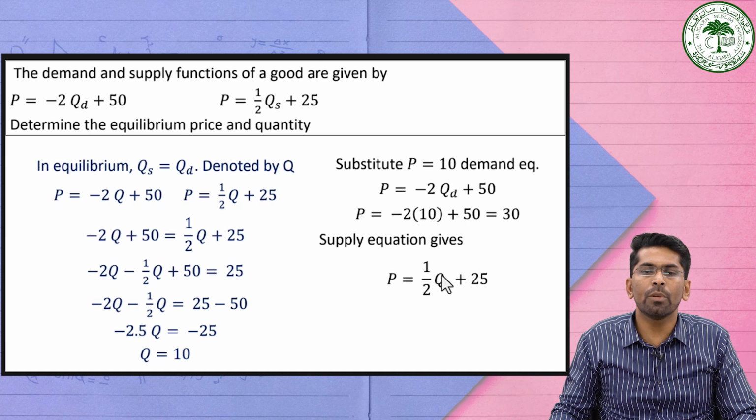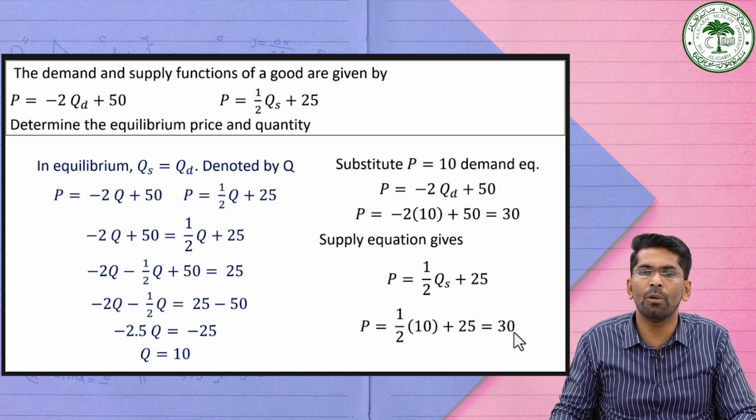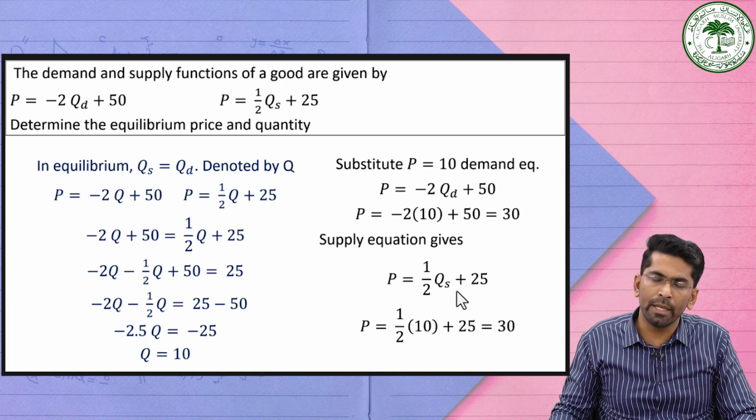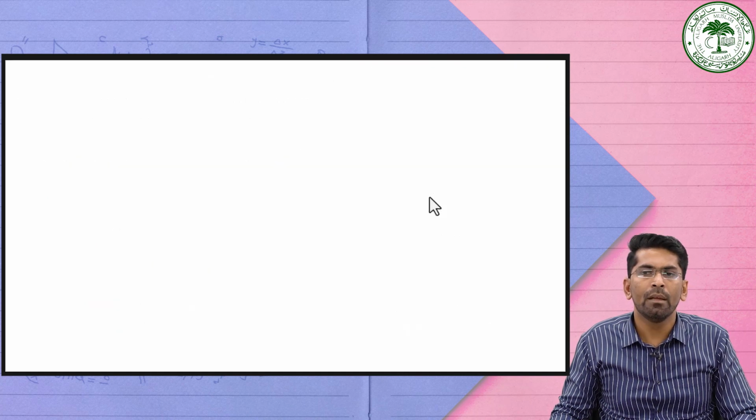See, 1 by 2 QS, instead of QS we are going to substitute 10. So it will become 1 by 2 into 10 plus 25. So 1 by 2 into 10 is equal to 5 plus 25, which is equal to 30. So here also we have 30, here also we have 30. So quantity demanded is equal to quantity supplied, which is equal to 10, and at the same time the price is equal to 30.